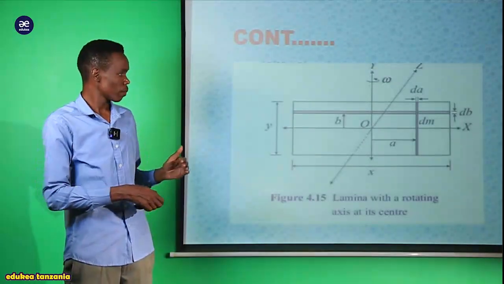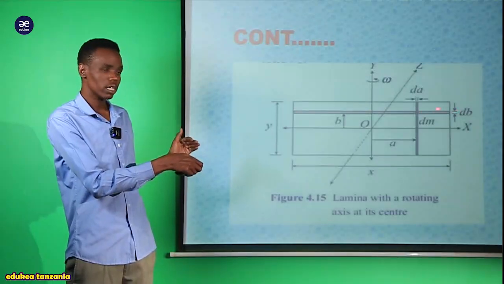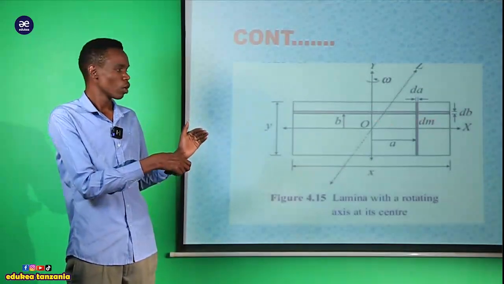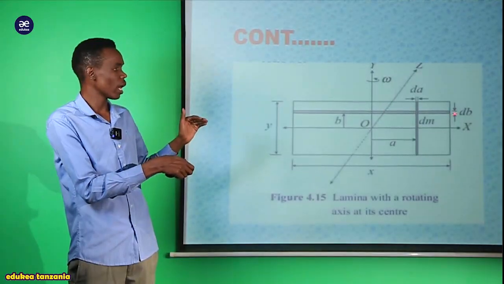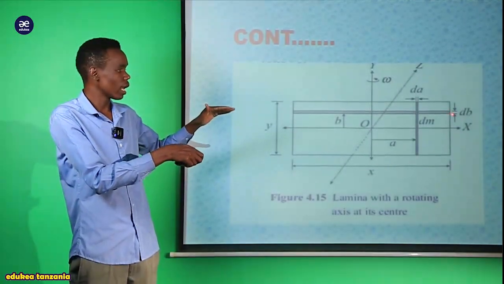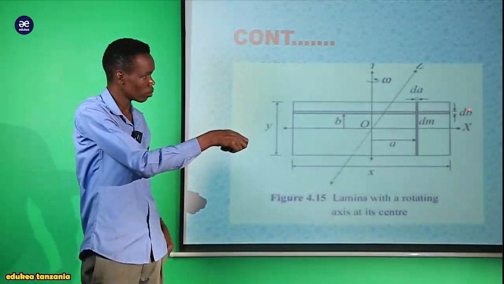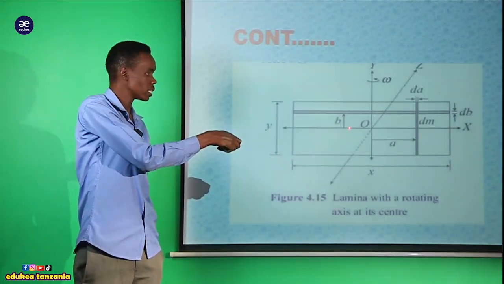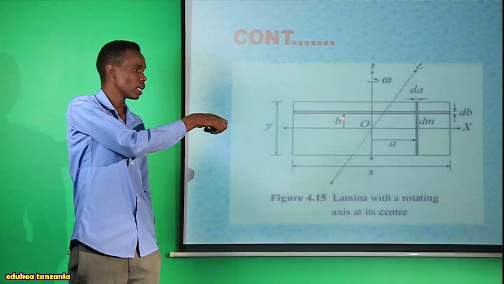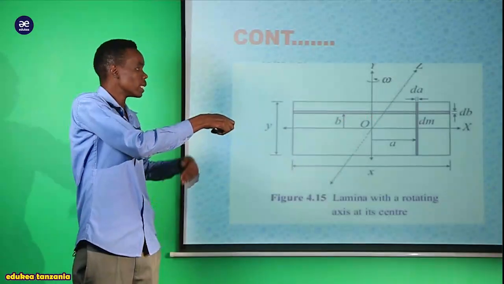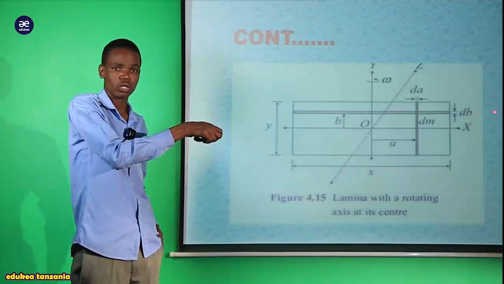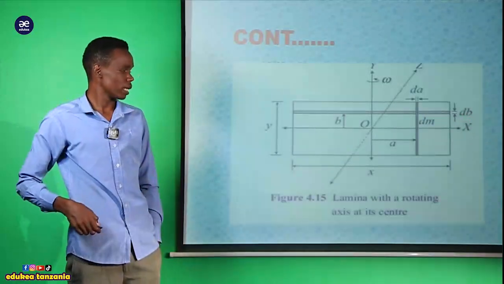After this, on the element here on the plane, we have an elemental line. We have a small change in b, because the distance from the center up to this point is equal to b, so the small increase can be represented by db.